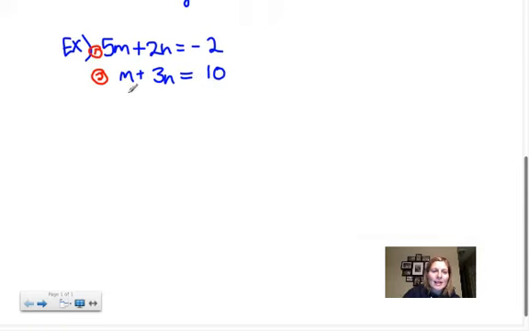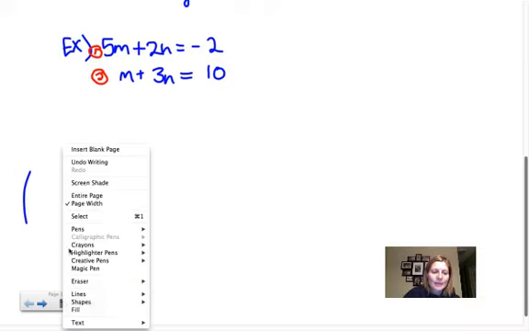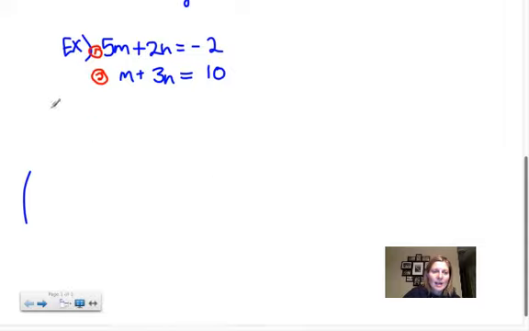So it looks like the easiest thing that I can do here is take equation 2. I'm going to multiply it by 5. And if I take equation 2 and multiply it by 5, everything now gets multiplied by 5.